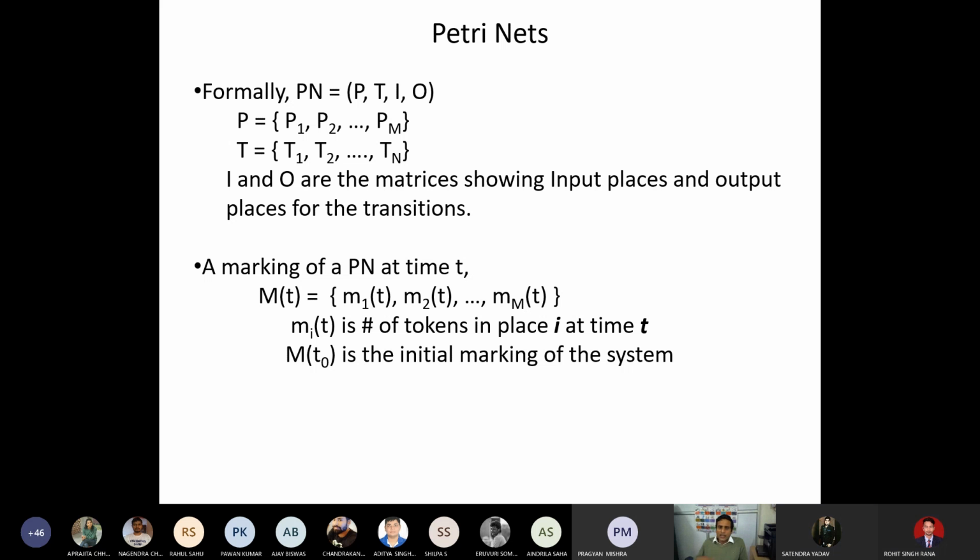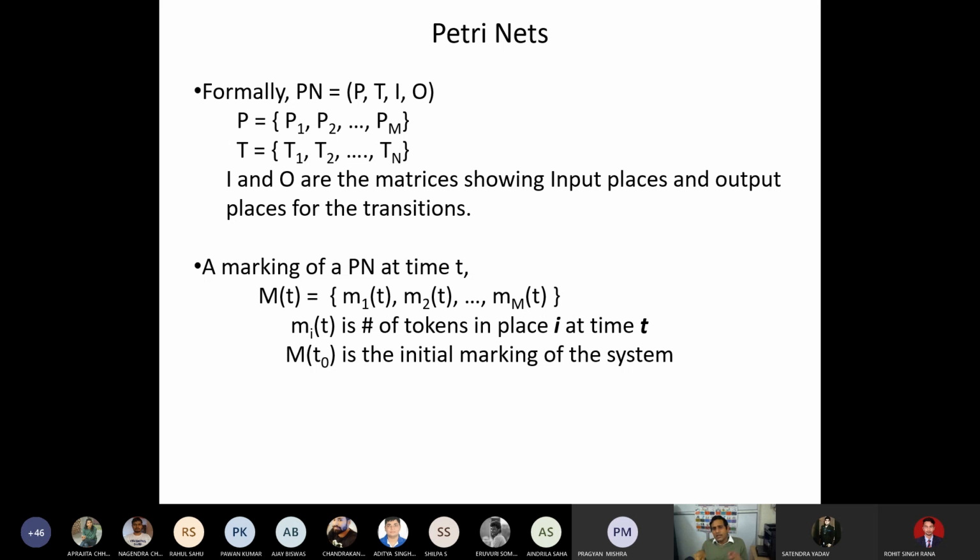So you have P1, P2, and so on up to PM in the rows, and T1, T2 and so on in the columns, an m by n matrix. For a particular transition T1, whichever places are input places will be marked as 1. If it is not an input place, it is marked as 0.